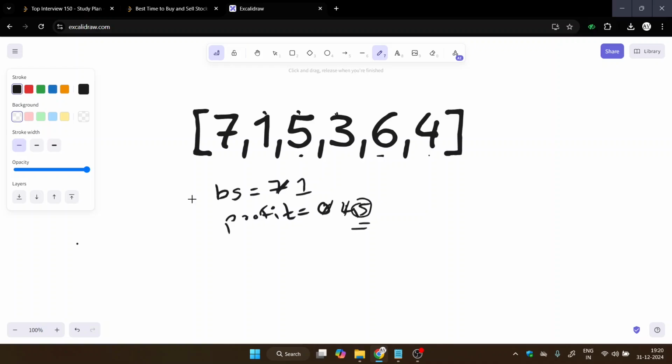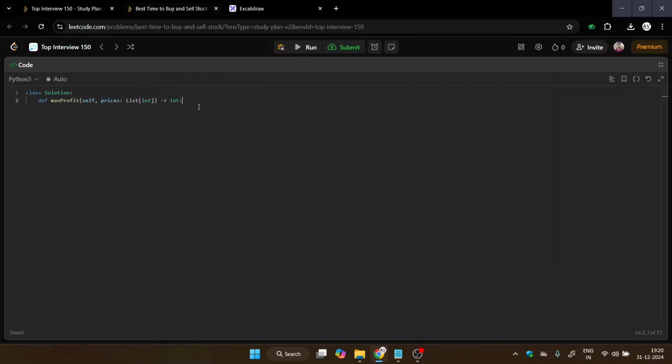Now let's start with the coding part. As we can see here, we will first initialize our profit variable as 0. We will set the initial buying price equal to price of day 1, which will be 7 in our case.